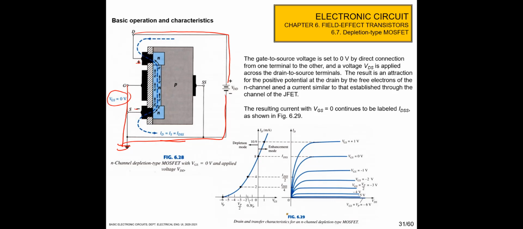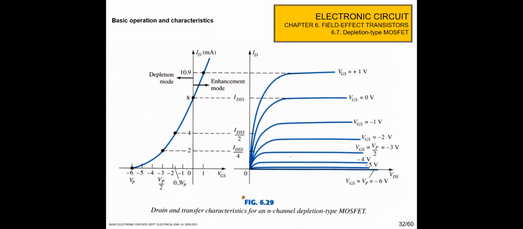Because in the depletion type the channel is formed below the gate, the current will flow. The resulting current when VGS is equal to 0 is IDSS, similar to the JFET. So this is the saturation current of the MOSFET.